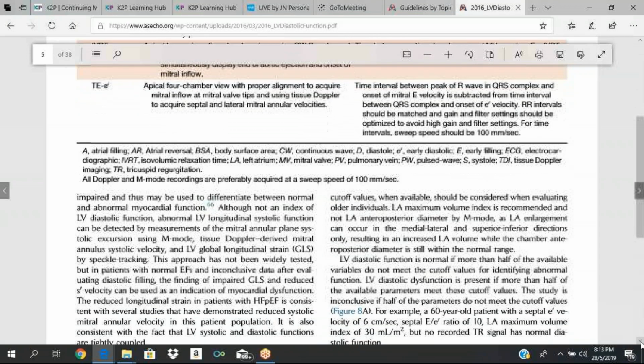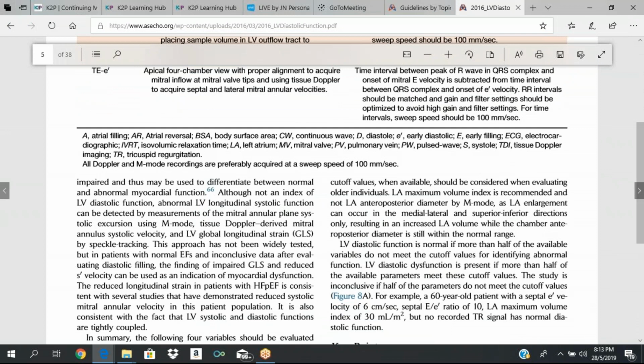LV global longitudinal function is usually impaired in these individuals, and thus it may be used to differentiate between normal and abnormal myocardial function. We'll go over that in detail, don't worry about it.